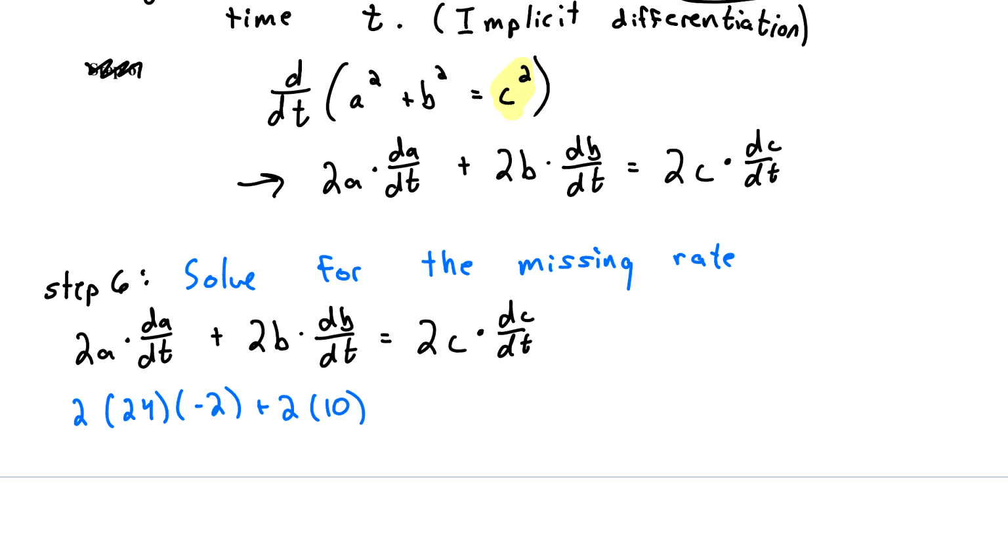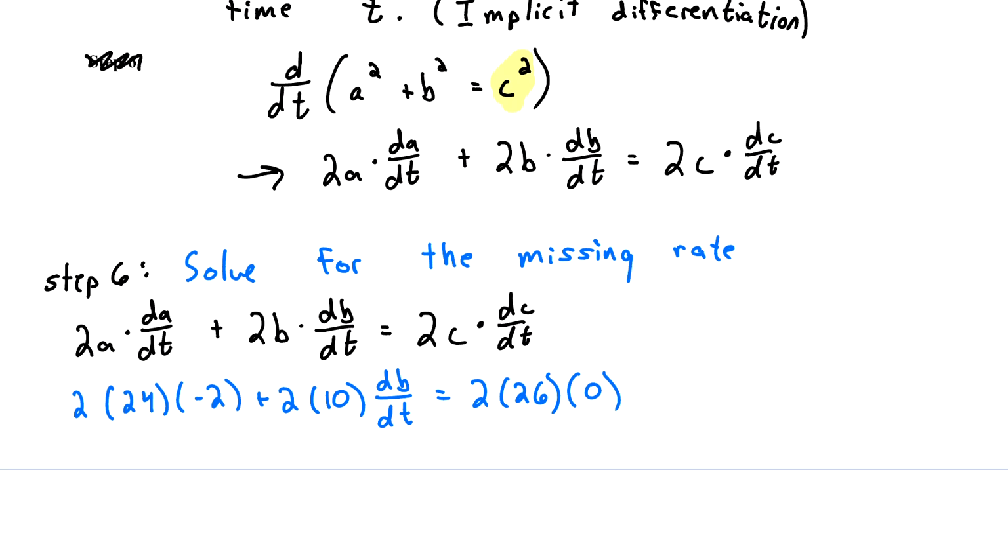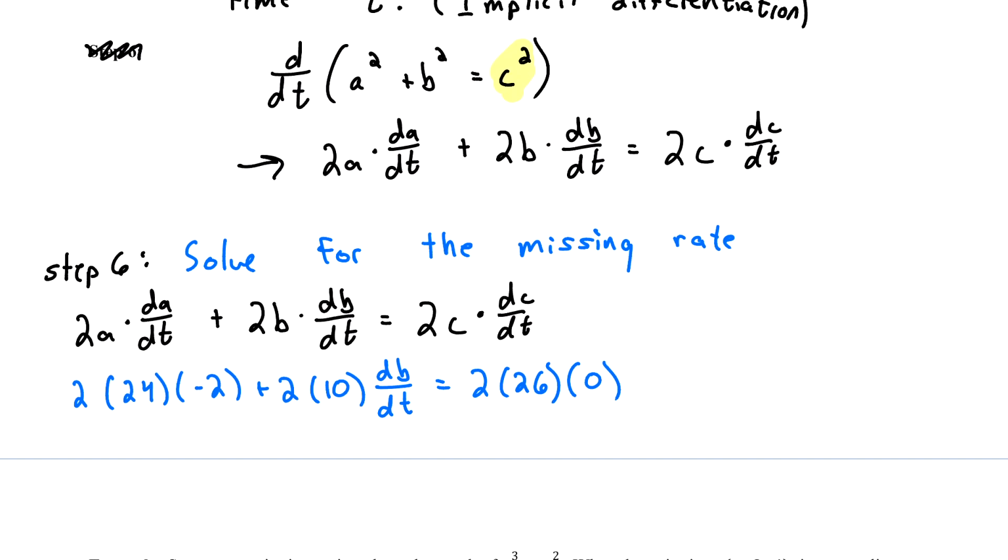We don't know that, that's what we're solving for, so I'll leave it as dB over dt, equal to 2C, we said C was 26, times dC over dt, which we said was 0 because the length of our ladder is not changing. So this is the equation that I'm going to solve for dB over dt.